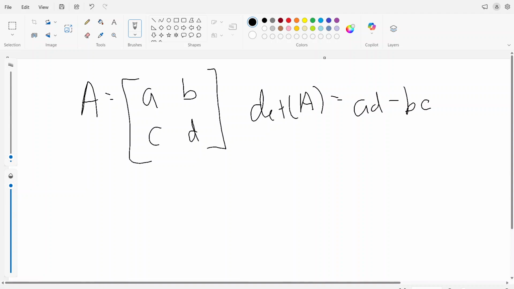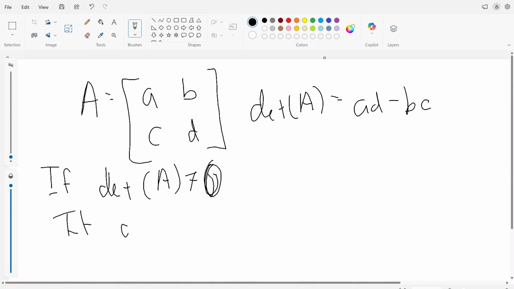So if the determinant of A does not equal 0, the matrix has an inverse. If the determinant of A equals 0, no inverse exists.